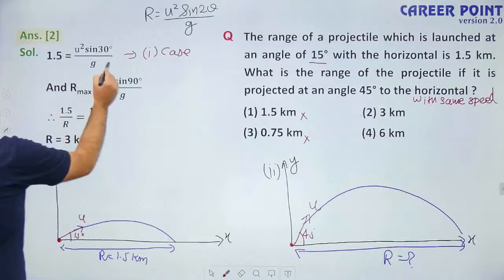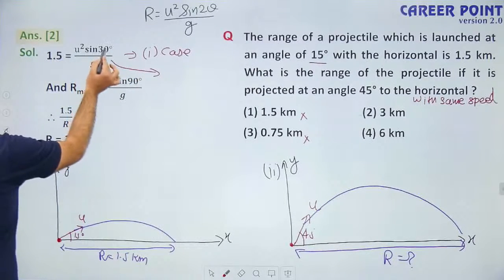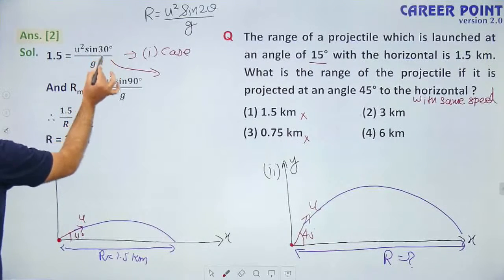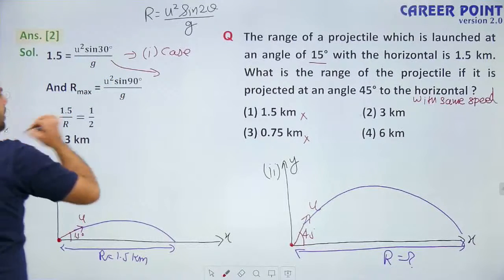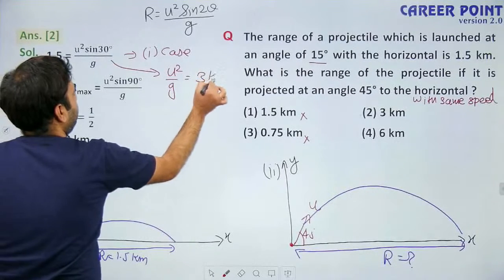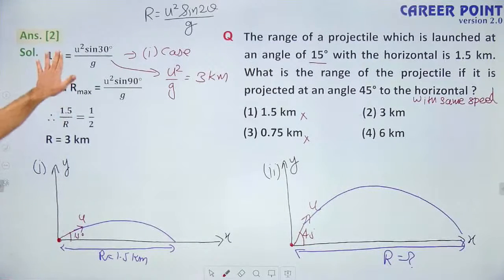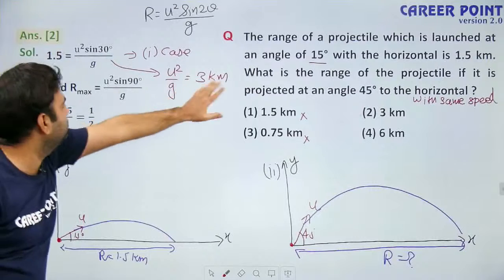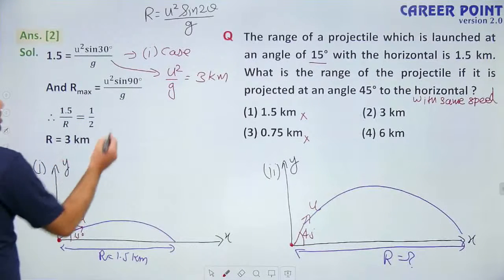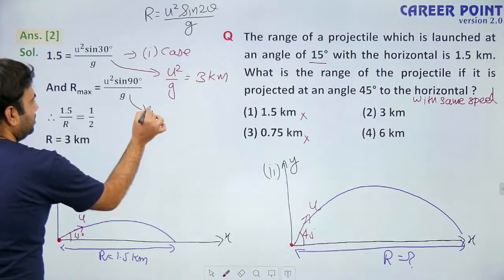Sine 30 is 1 by 2, so u square by g into 1 by 2 is 1.5 kilometers. That means u square by g is equal to 3 kilometers. u square by g is equal to 1.5 divided by sine 30. Sine 30 is 1 by 2, so u square by g is 3.